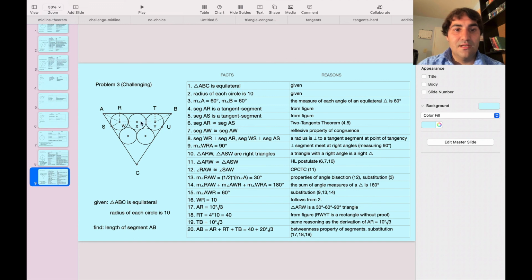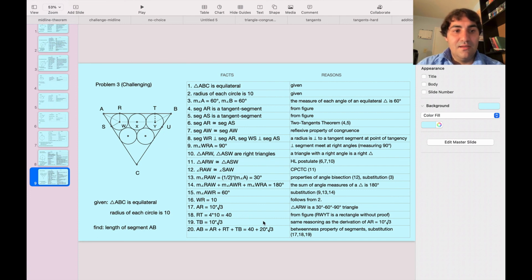What's 4 times 10? It's 40. So the length of WY is 40. And because this is a rectangle and these two sides are congruent, the length of RT is 40. You can prove that if you want, but we'll keep it simple.